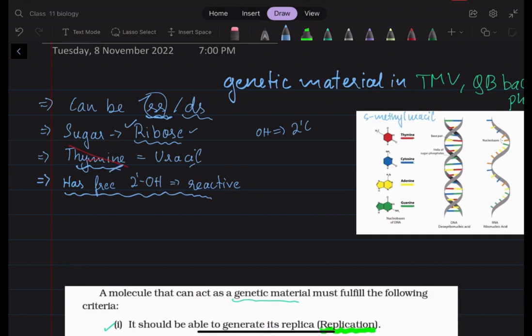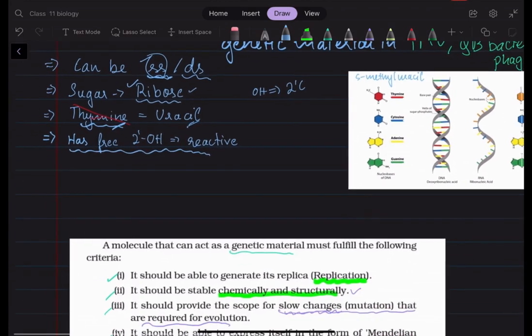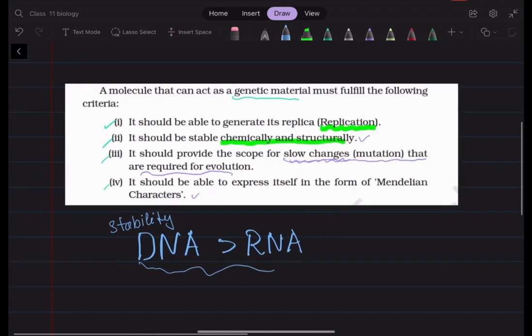Actually, thymine is more stable than uracil. So in that case too, DNA wins in stability. That is why DNA is the most preferred genetic material over RNA. Even though RNA has its own importance, DNA is a better genetic material than RNA. That is why it slowly replaced RNA as evolution happened.